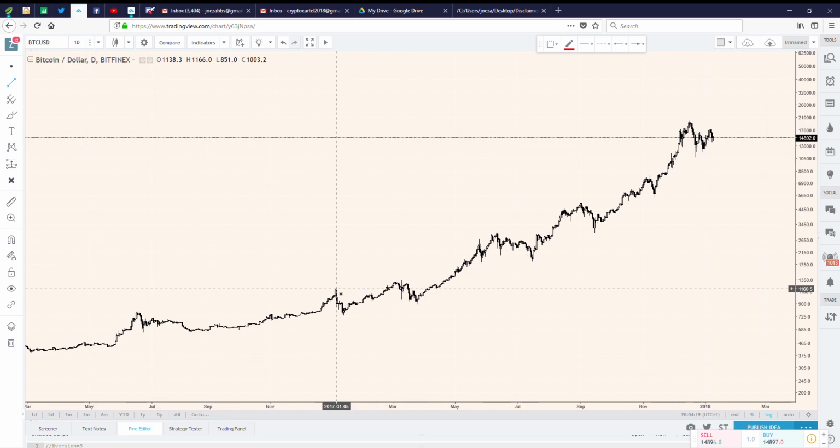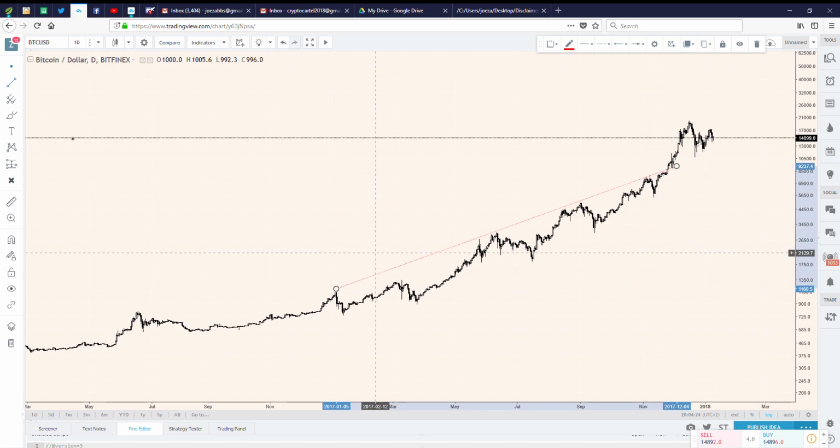Drawing something like this on the market, and drawing something like this, you basically have two parallel lines. In the channel, every single time price comes into the bottom part of the channel, it pushes up, and every time it reaches the top of the channel, it pushes down.